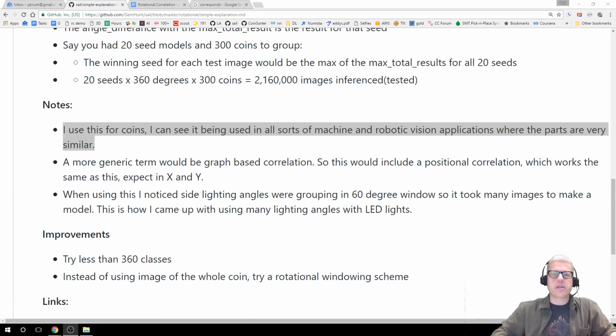A few things before we wrap up this video I wanted to talk about a little bit. I see this being used in all sorts of machine vision and robotic vision applications where the parts are very similar.